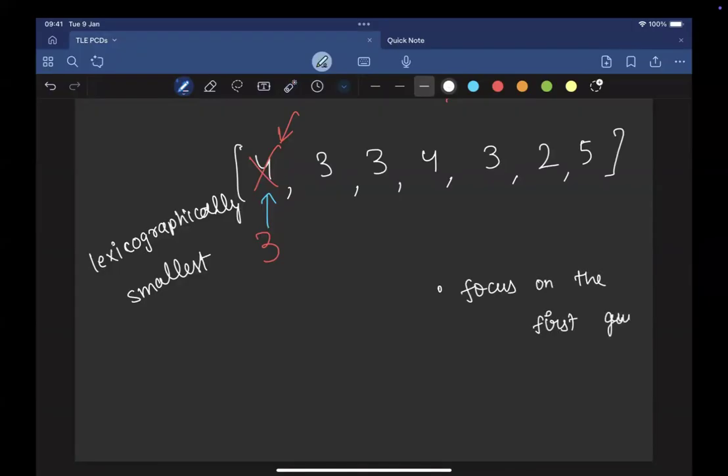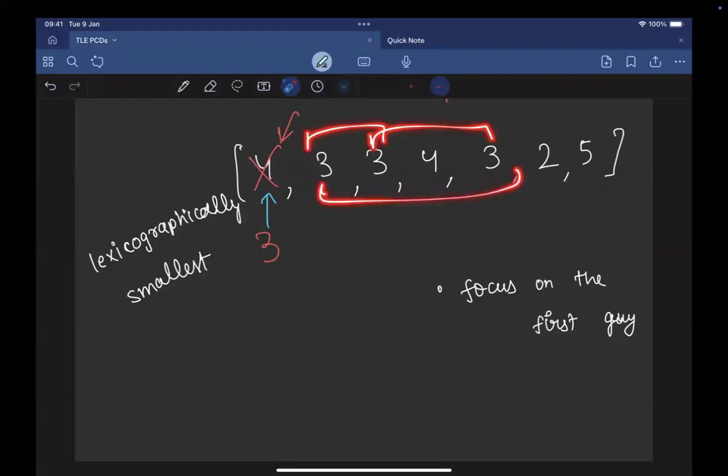By the way, during the contest, I had no idea at this point. How will I make sure that I am able to find out whether there exists any subarray where 3 is the majority element or not? And if there exist some subarrays, then how will I decide which subarray I should choose? Should I choose this subarray or this subarray or this subarray?